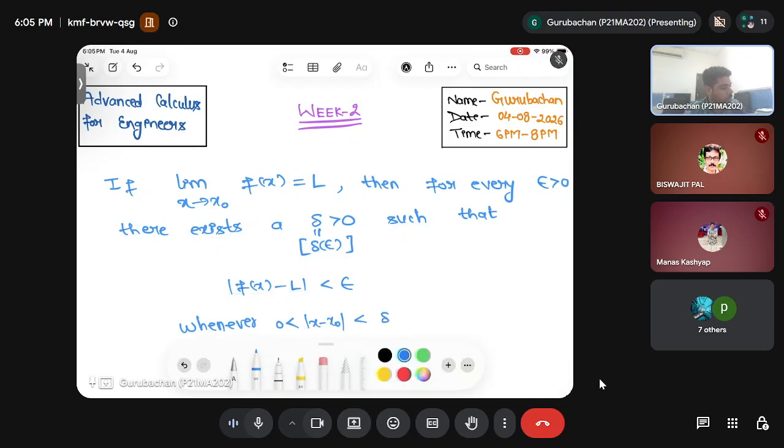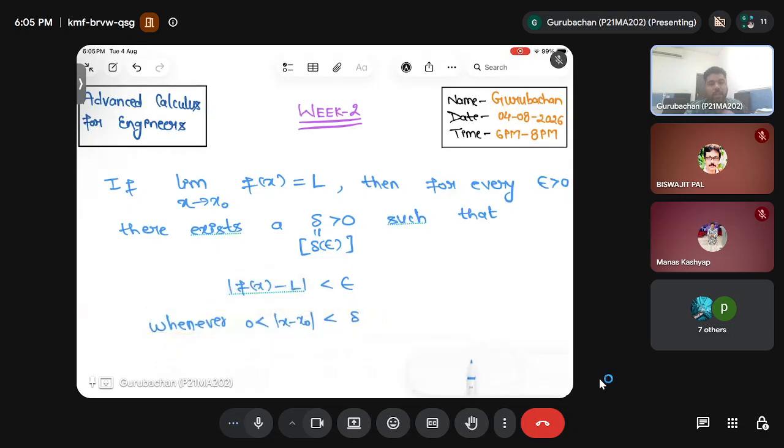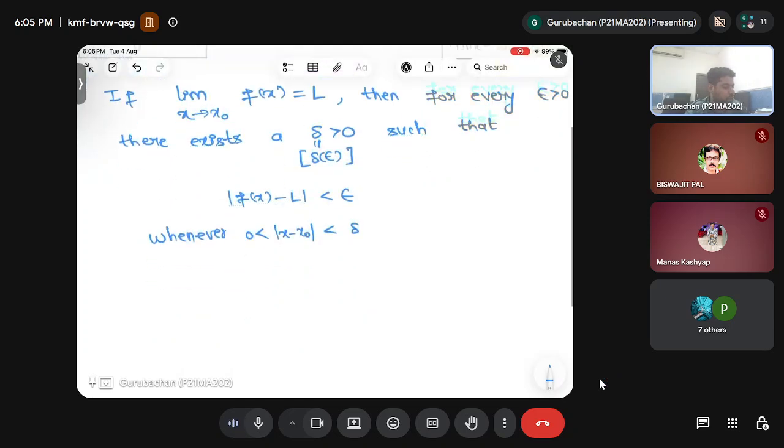We only talk about the deleted neighborhood. We don't say that x naught is achieved, as we are talking about the limit and we are not talking about the continuity. You will feel the difference when we talk about the continuity.